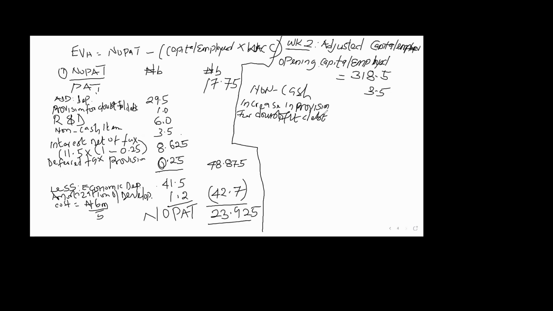Provision for doubtful debt was 2.25 billion on the 2018 statement of financial position, minus what you have in the P&L, 1 million. The difference should give me 1.25.